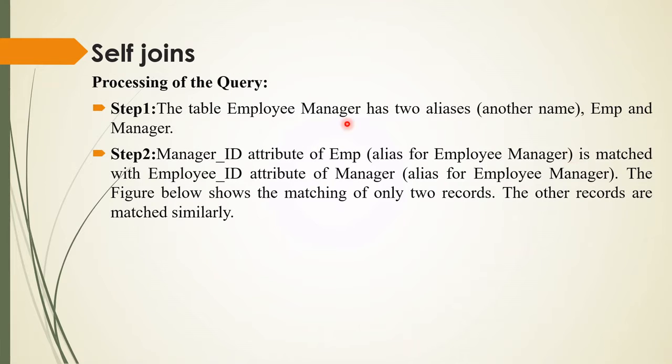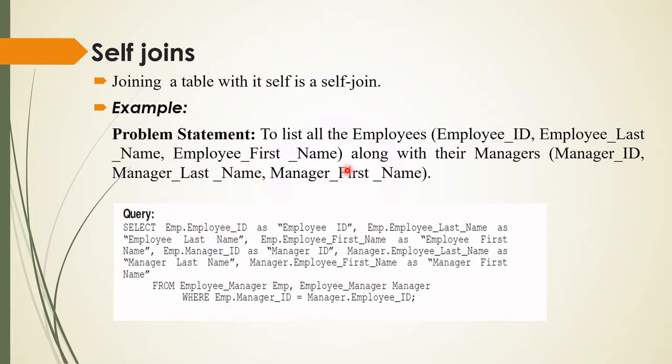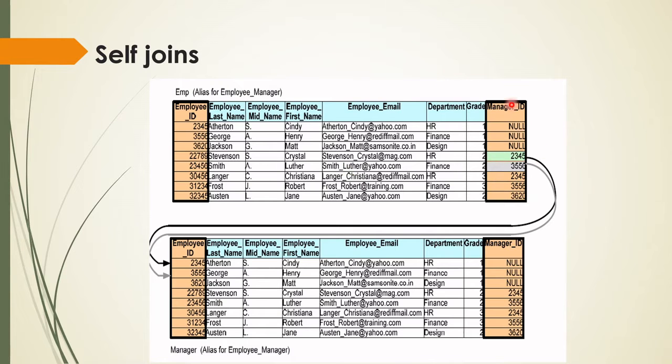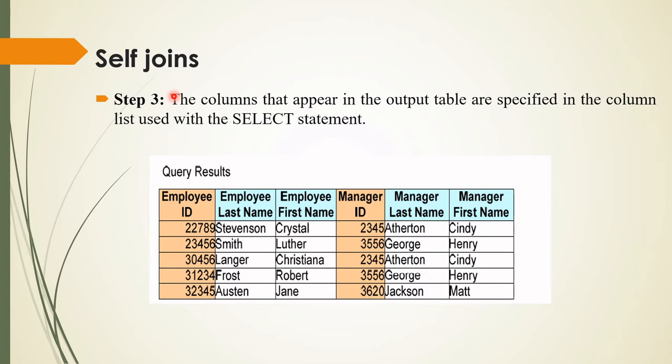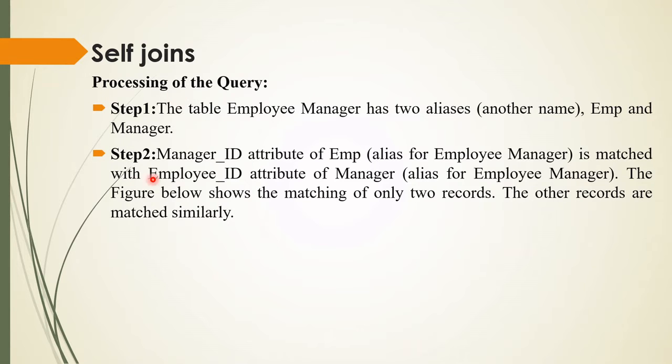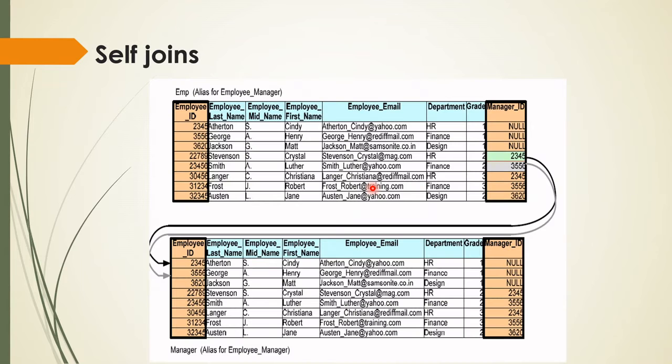So in the second step, the manager ID attribute of EMP, these are the manager IDs of EMP, is matched with the employee ID attribute of manager. So these two columns are matched.